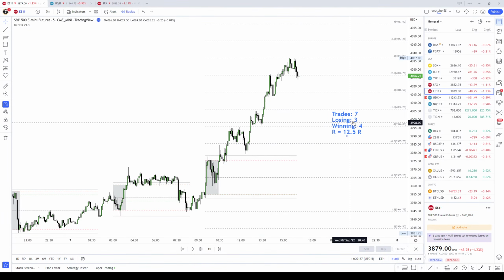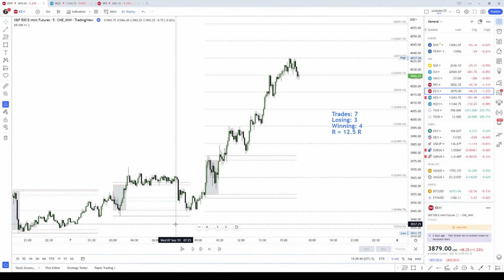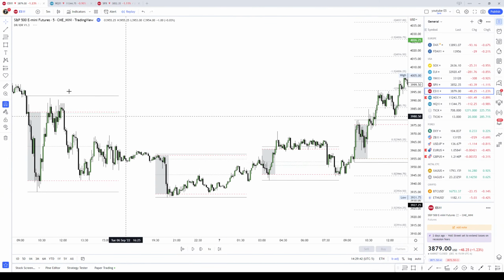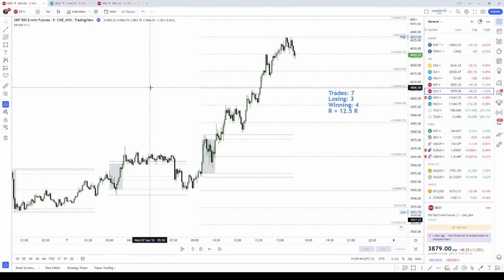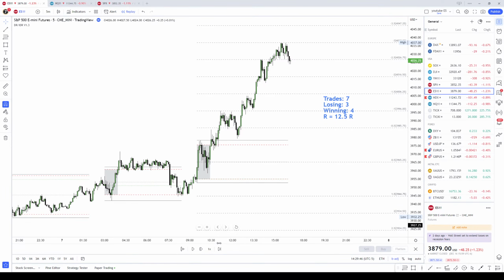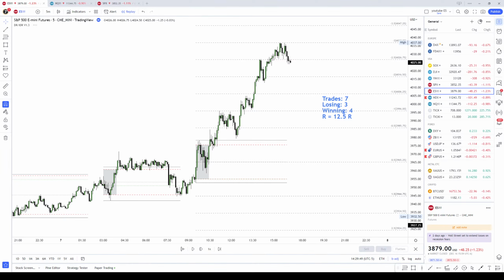We would have 3 losing trades, 4 winning trades, 7 trades in total, and right now we would be sitting at 12.5 R, which is quite okay. And considering that I didn't take the retirement setup the previous day, I think that's quite good already.